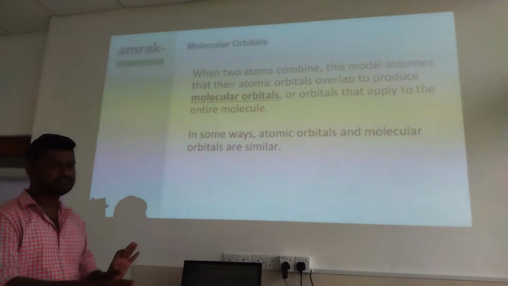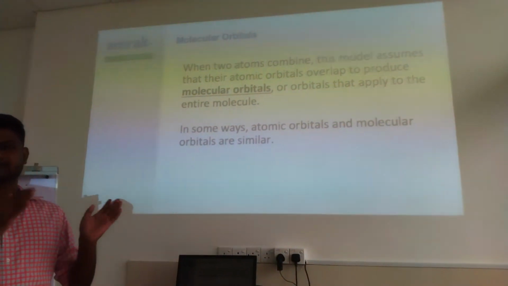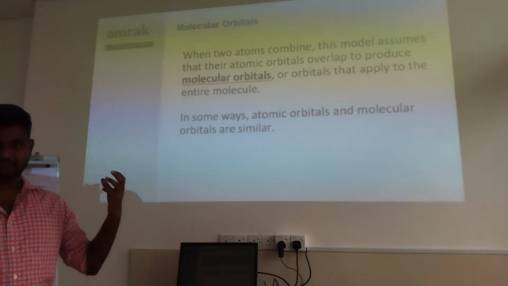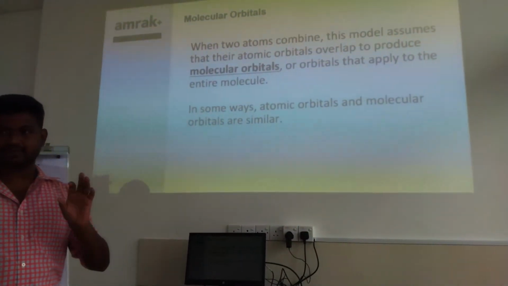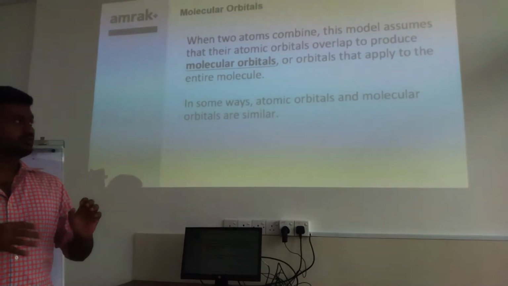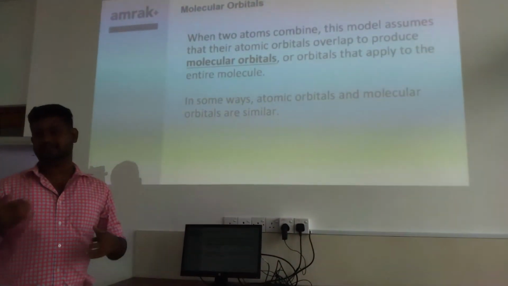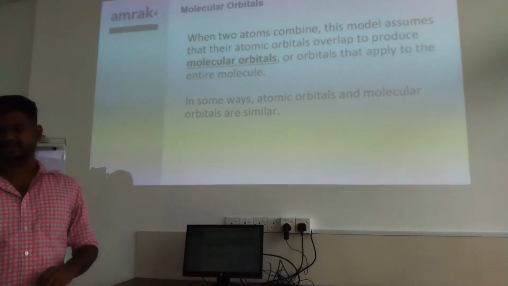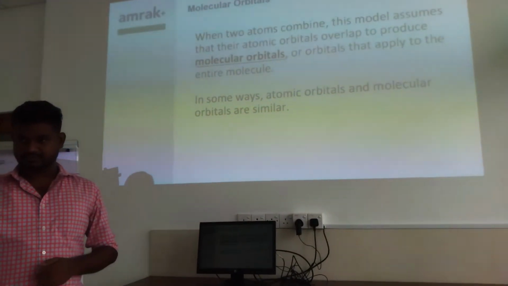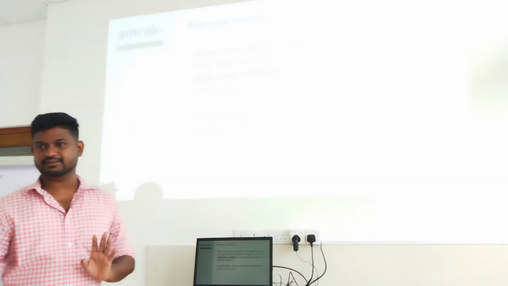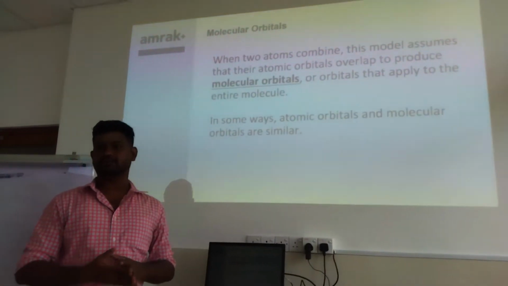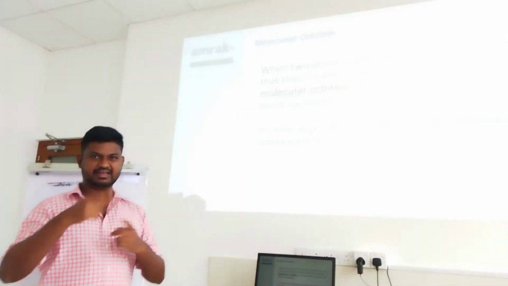When molecules are formed, they make molecular orbitals, right? So they hybridize and make the molecular orbital. When atoms are considered, they are atomic orbitals, like we studied in the atomic theories. Similarly, when you are comparing to a molecule, they make hybridization and so they make molecular orbitals.